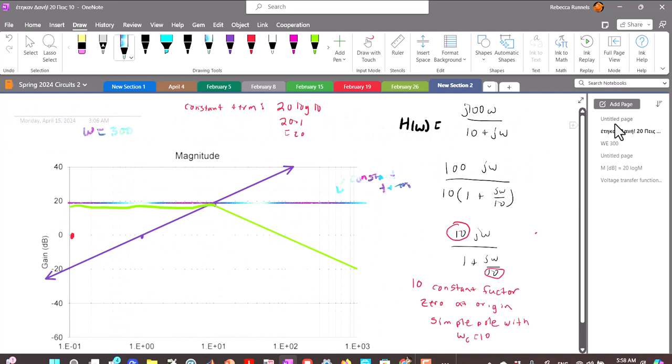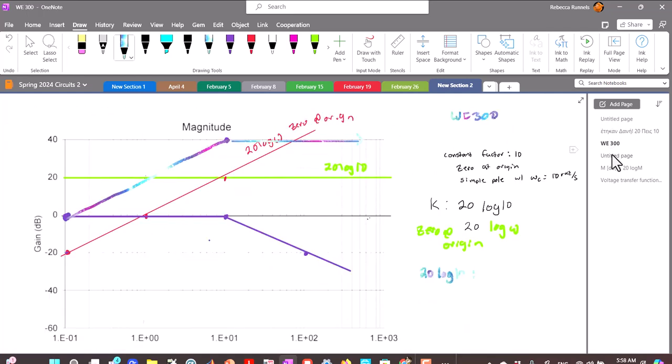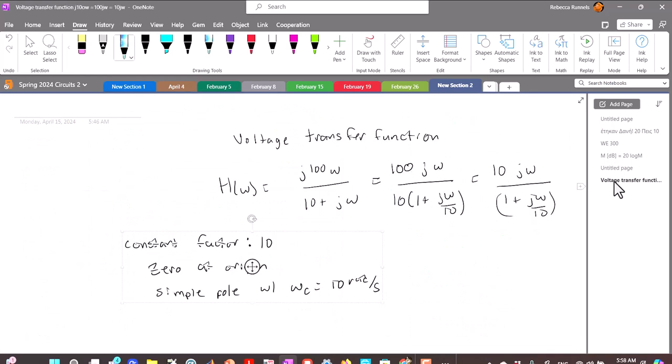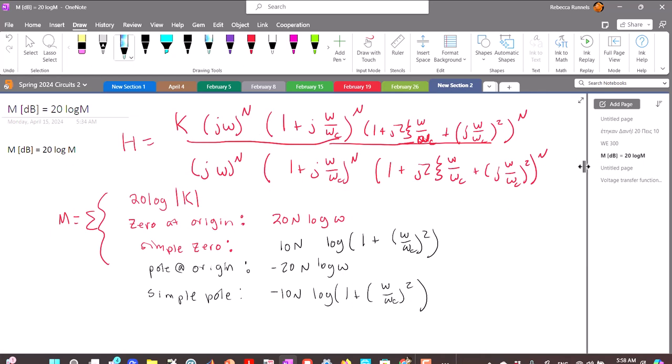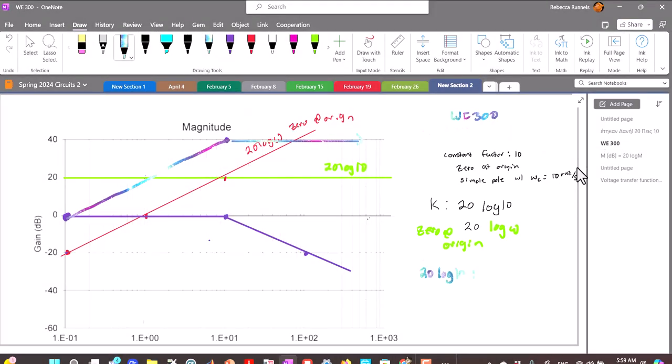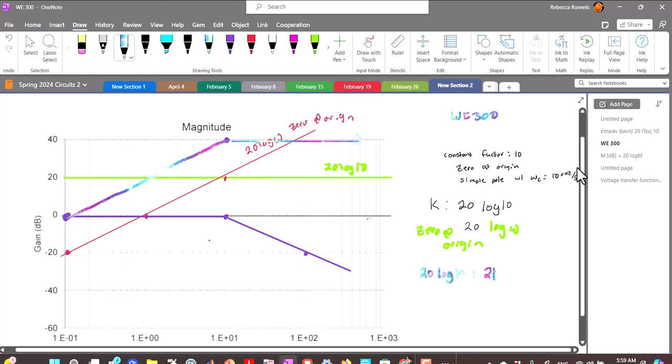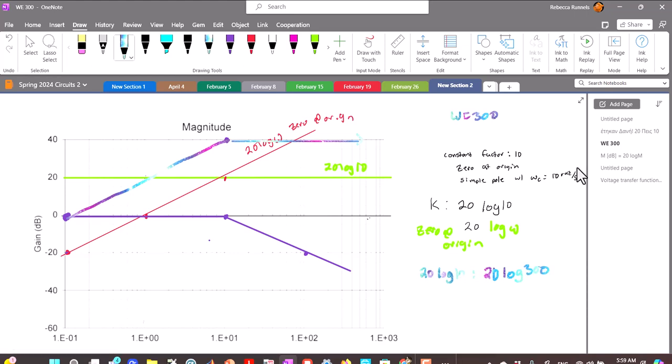where did I put those notes? Log 10 plus, so we had the 0 at the origin, and then we have a simple pole, so that's minus 10 log... oh, 20 log 300. This is the 0 at the origin.